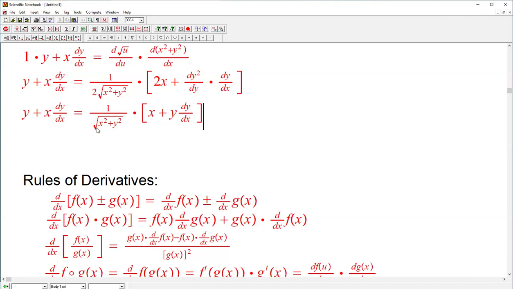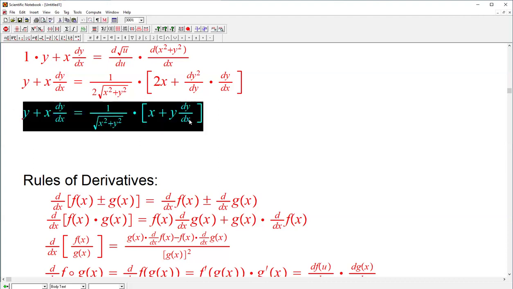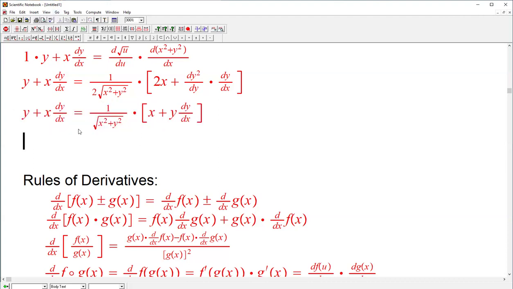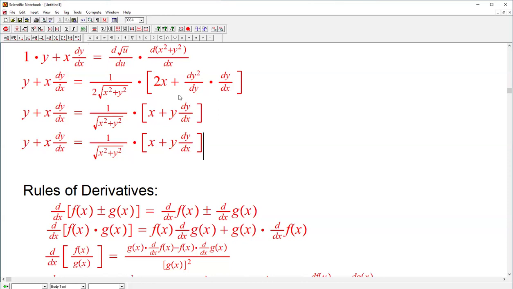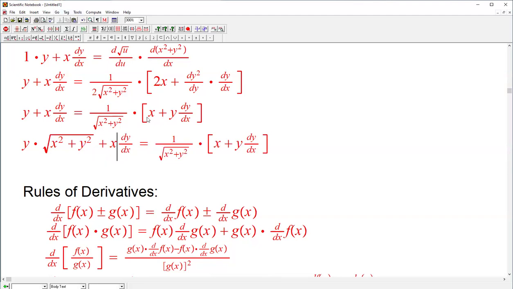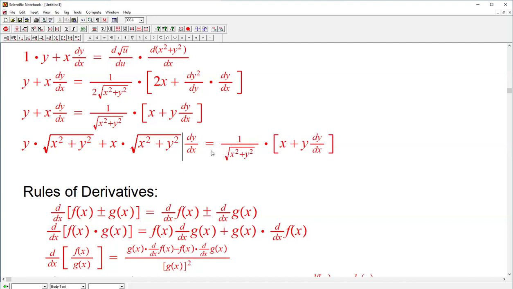But we still have this denominator here. So to make life a little bit simpler, I'm going to multiply both sides by the square root of x squared plus y squared.